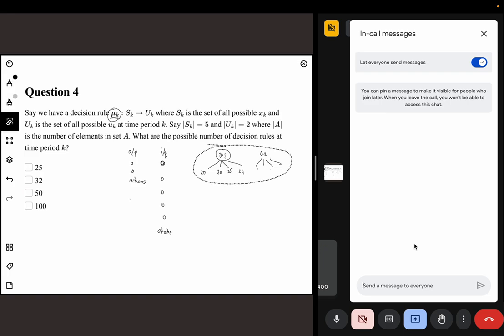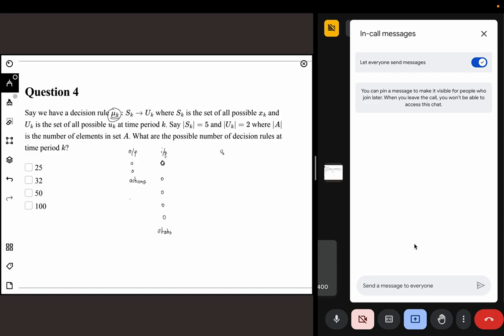I don't know if I made sense. Basically you can have u0 as a function of x0, x1, and whatever number of states I have, all of them. And u1 is also going to be something similar. This is one way of seeing it. The other way of seeing it is at x0, I can take u0, u1, whatever.